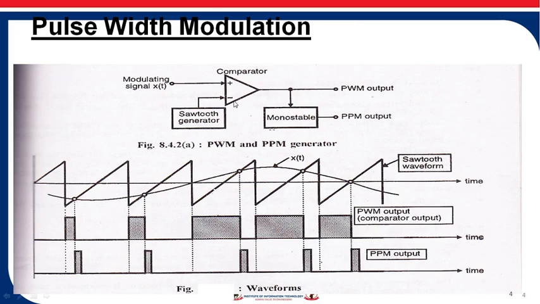In this block diagram, you can observe the sawtooth generator, which is one of the inputs to the comparator, and the second input to the comparator is the modulating signal. Here you can see the sawtooth generator output, the sawtooth waveform, and the second input to the comparator, the modulating signal x(t).